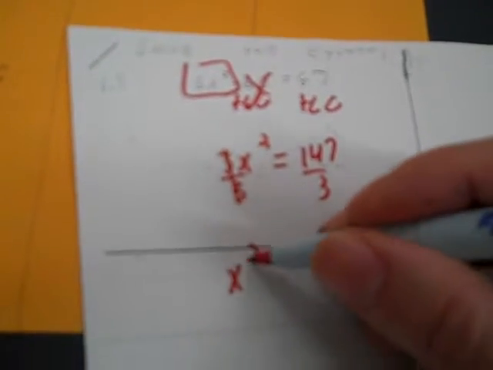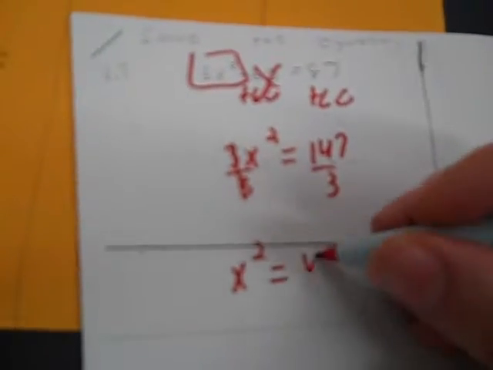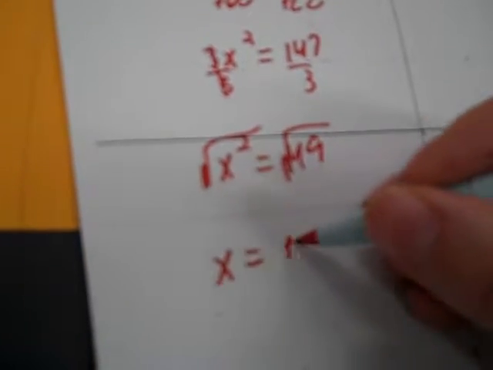So x to the second equals 49. And then since we have a second power, we need to do the opposite, which is to take the square root of it. Now, when I take the square root, we could have the positive or we could have the negative. So in this case, 7 and negative 7 are the 2 solutions.